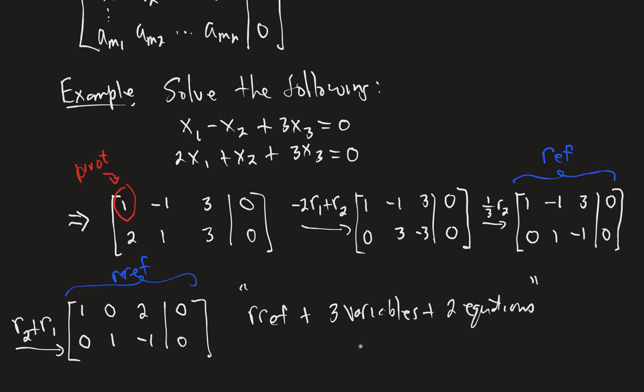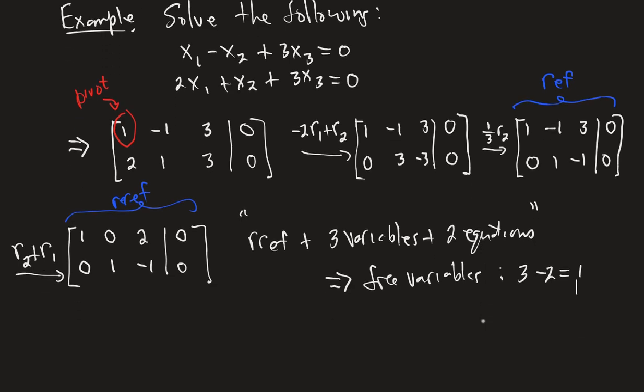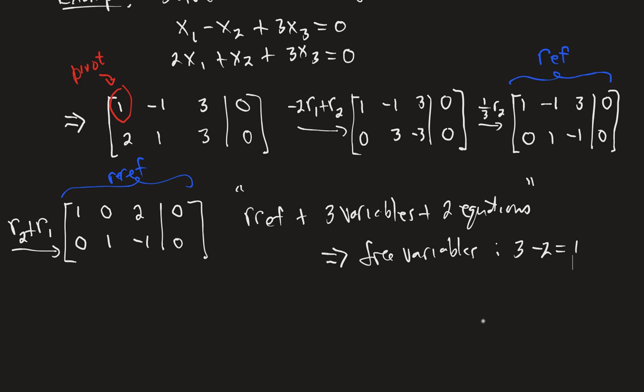All those ingredients, what do they tell me? They tell me that I have free variables, at least 1. Right? How many free variables? Well, it's the number of variables minus the number of equations. So 3 minus 2. So we have 1 free variable here. Which one is free? Well, if we think about it, our pivots, so our leading one, let me circle them.